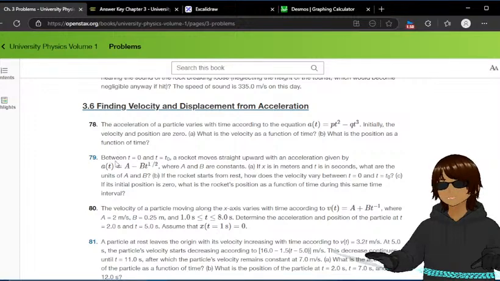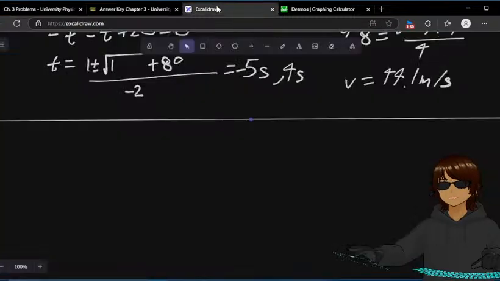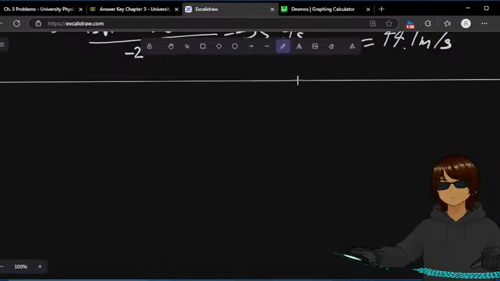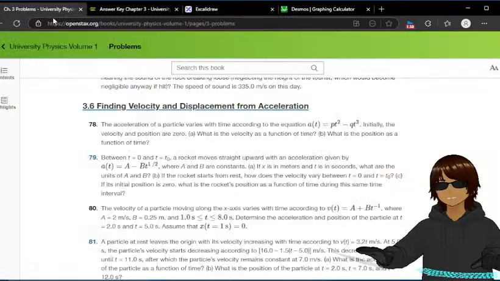Let's do this. Between t equals 0 and t equals t naught, a rocket moves straight upwards with an acceleration given by a minus b t to the power of half. So this is question 79.